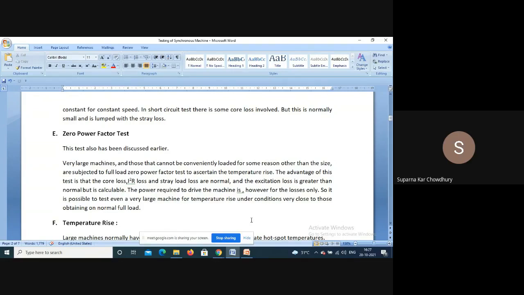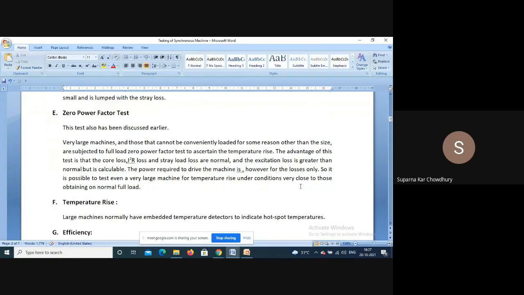So from here we can determine the temperature rise of the machine also, because these large machines are normally fitted with temperature detector. So under zero power factor test, the temperature reading from the temperature detector also will approximately give the machine temperature rise.